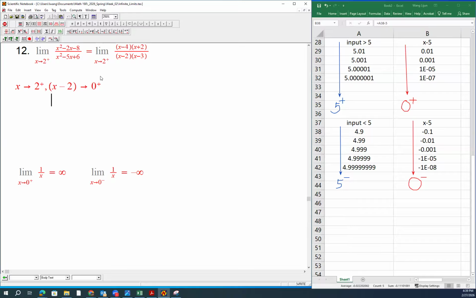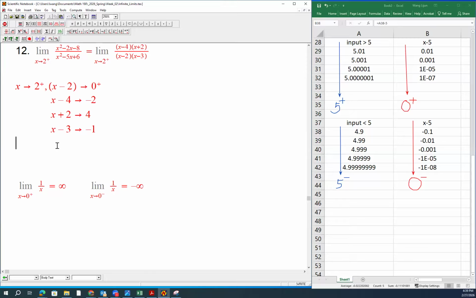Under the circumstances, x minus 4 is going to be approaching 2 minus 4, which is a negative 2. And x plus 2 is going to approach positive 4. X minus 3 is going to approach, what does it approach? It's going to approach negative 1, right?